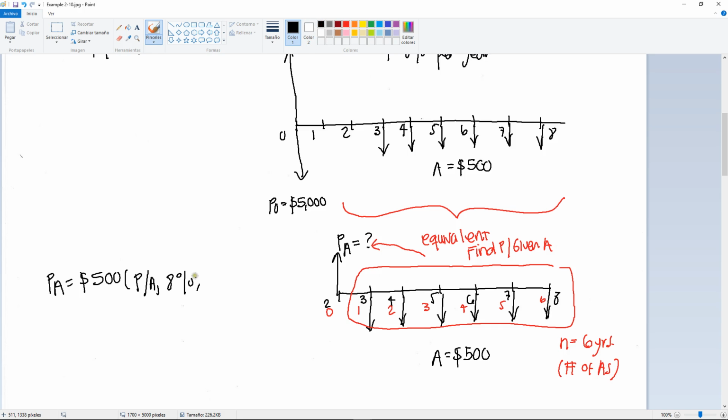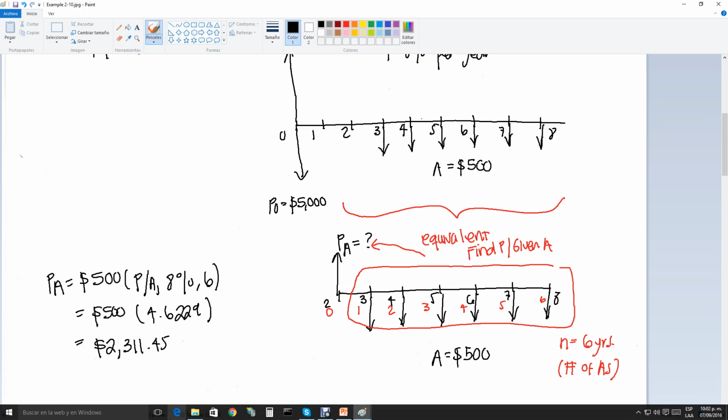So here you're going to have 6, and this is equal to 500 times 4.6229, which is equal to 2,311.45.